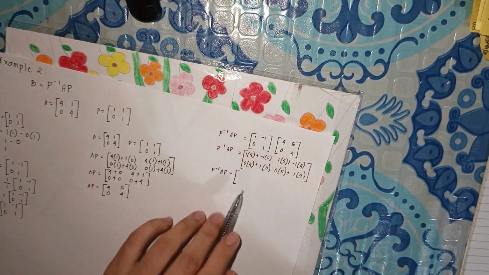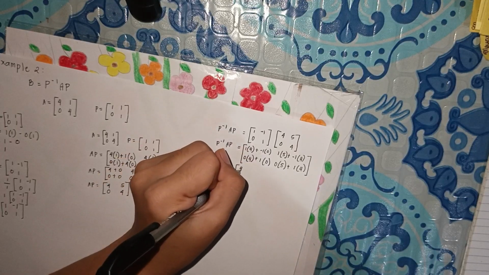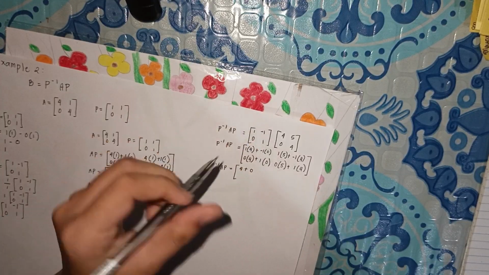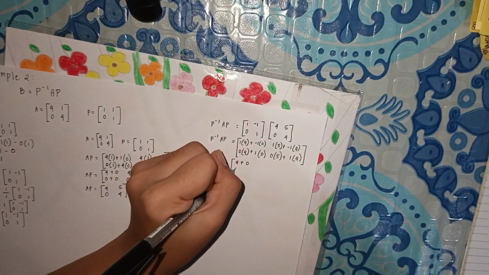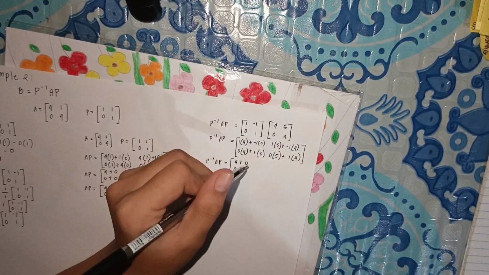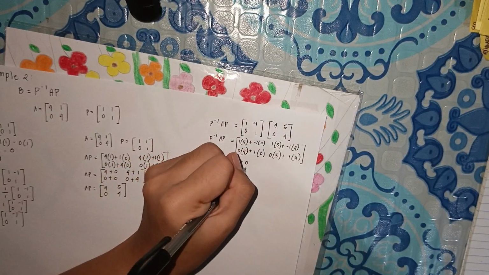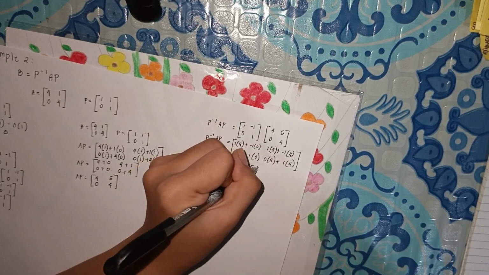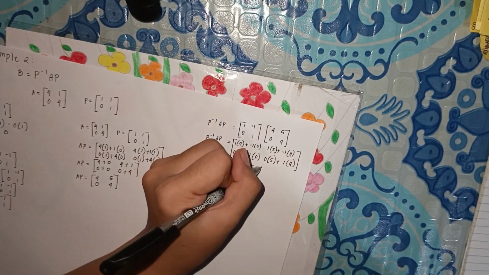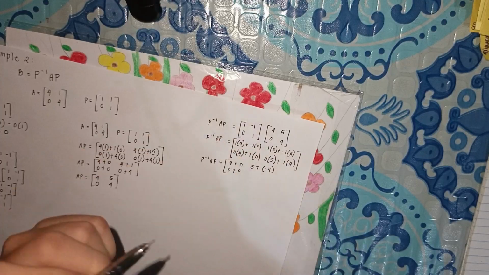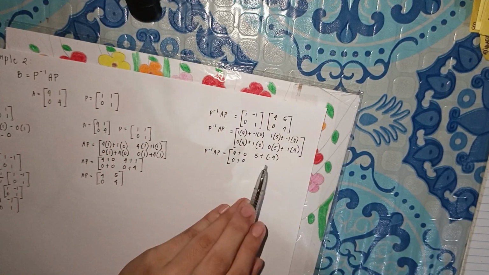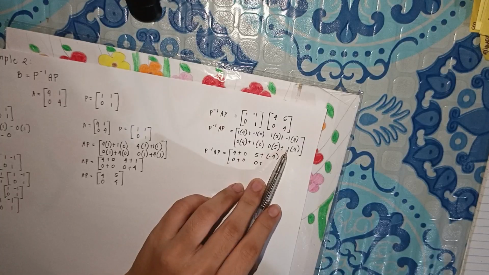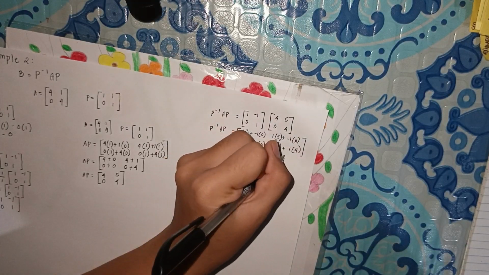This is equal to 1 times 4 is 4 plus 0 times negative 1, 0. 0 times 4, 0 plus 0 times 1 is 0. 1 times 5 is 5 plus negative 1 times 4 is negative 4. Then, 0 times 5 is 0 plus 1 times 4, 4.